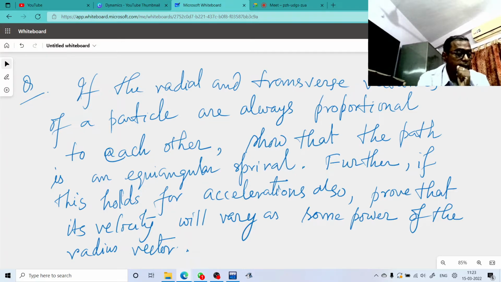If the radial and transverse velocities of a particle are always proportional to each other, so Vr is proportional to V theta, it is given, so that the path is an equiangular spiral. So we have to find the equation of the path. Further, if this holds for acceleration also, that means radial and cross radial acceleration are proportional to each other, prove that its velocity will vary as some power of the radius vector. Velocity v is some power of the radius vector r.